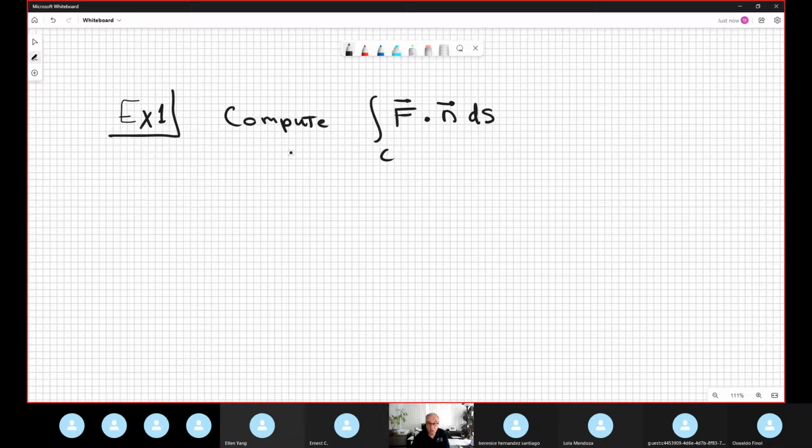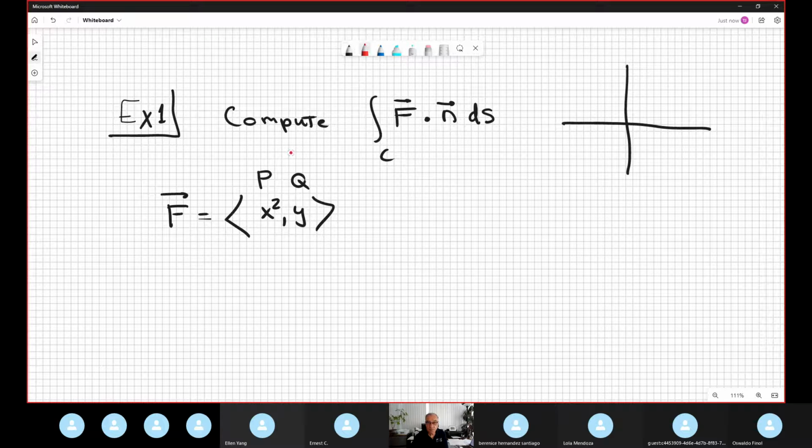And the vector field, of course, is given in any problem, is x squared, y. This is P, this is Q, no? P is the first component, Q is the second component. Both are scalar functions.